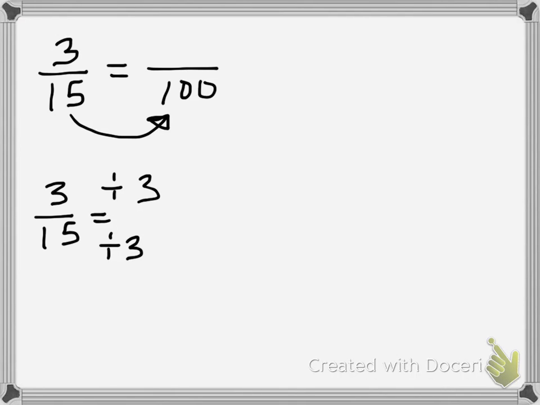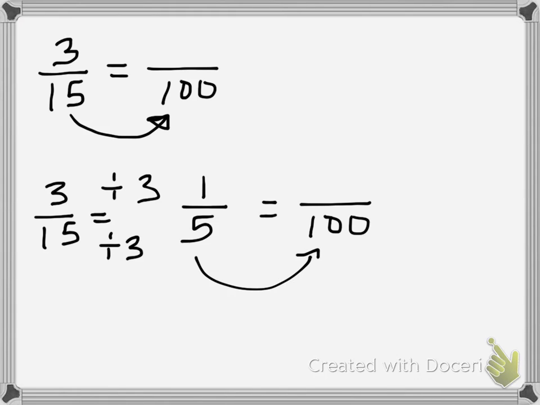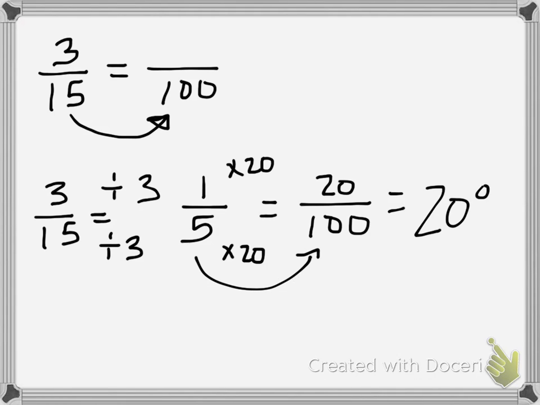And when we do that, 3 divided by 3 is 1, 15 divided by 3 is 5. Now, can I go from 5 to 100 with a simple multiplication? Yes, I just have to multiply by 20. 5 times 20 is 100, so I have to do the same thing on the top. 1 times 20 is 20, and 20 out of 100 is going to equal 20%.